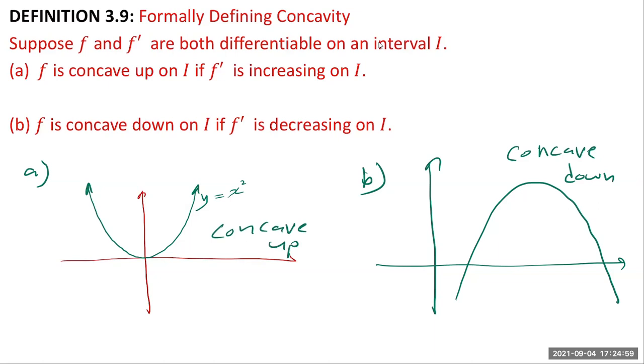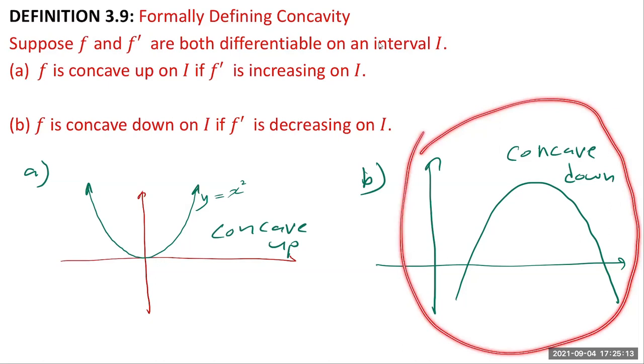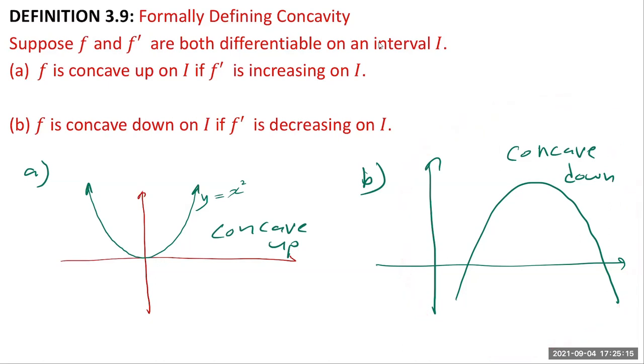Again, in a similar manner, you can argue that the slope of this function is decreasing on the interval minus infinity to plus infinity. I will leave it for you to justify that the slope is decreasing, or your f prime is decreasing on minus infinity to plus infinity.